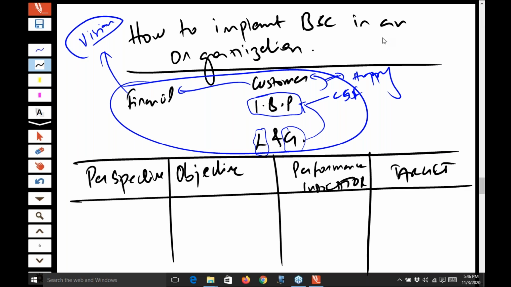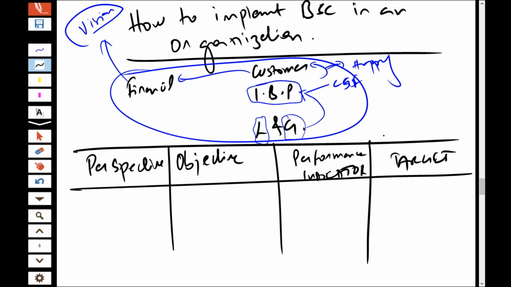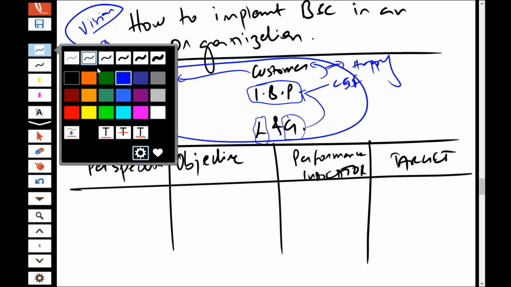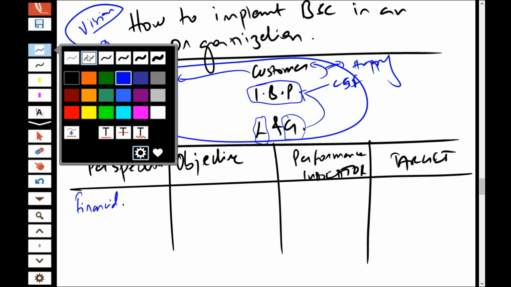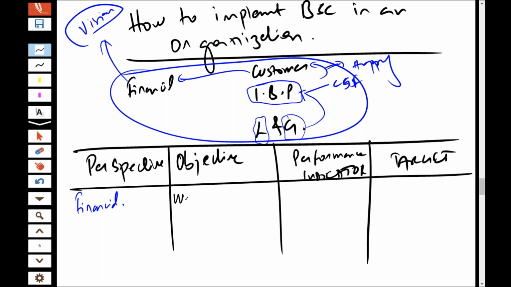Okay, now let's just see this thing. The way you implement this balance scorecard in any organization is, you simply say the first perspective, let's say financial. And you might say that one of the objectives of this financial perspective is wealth maximization.